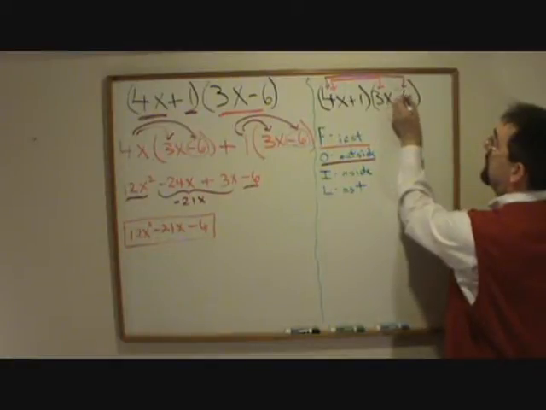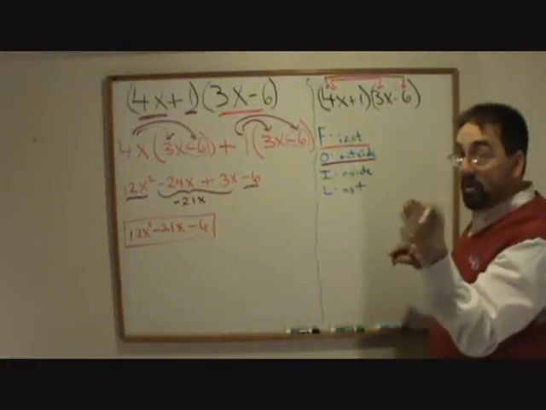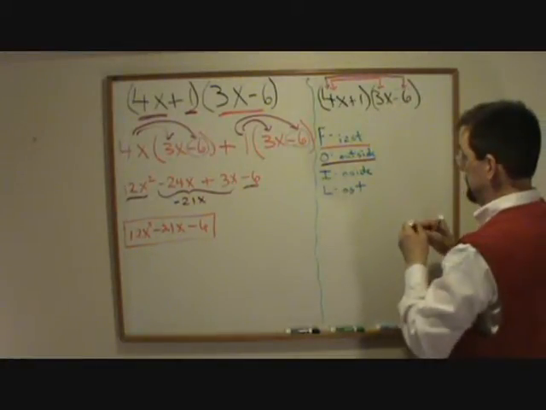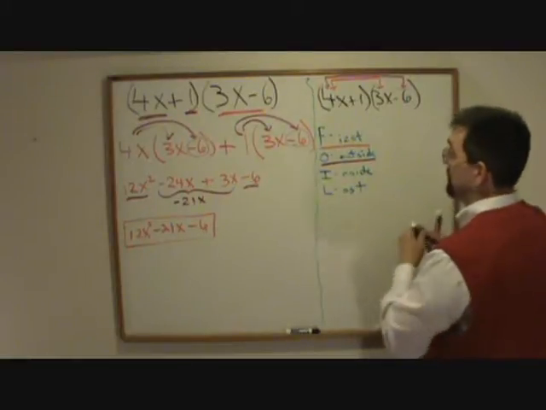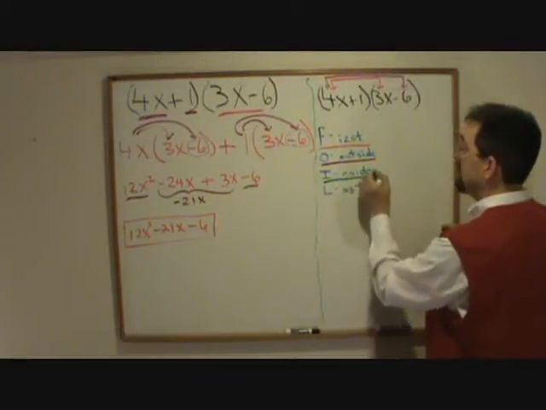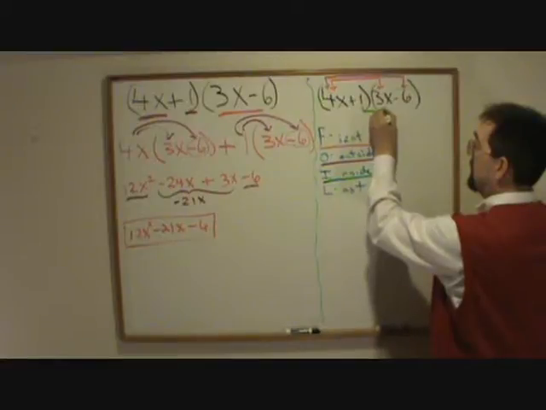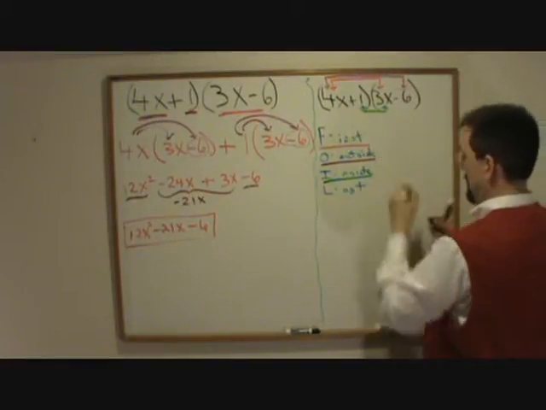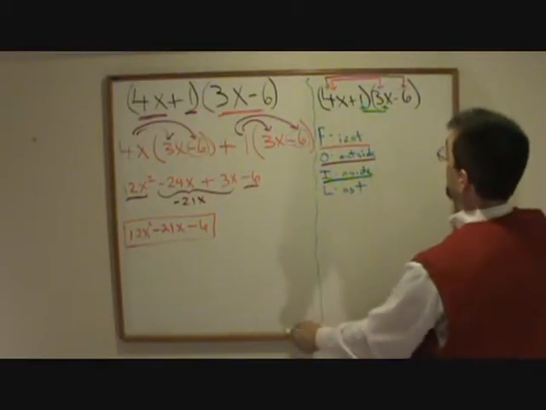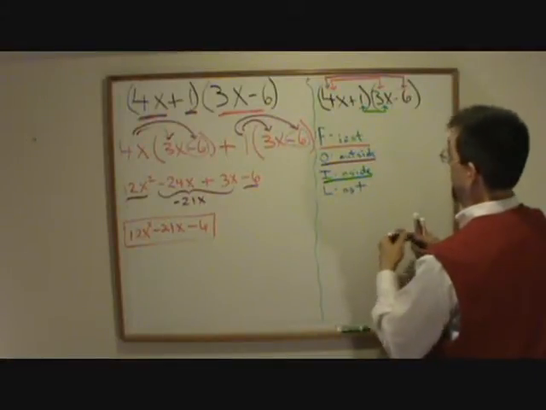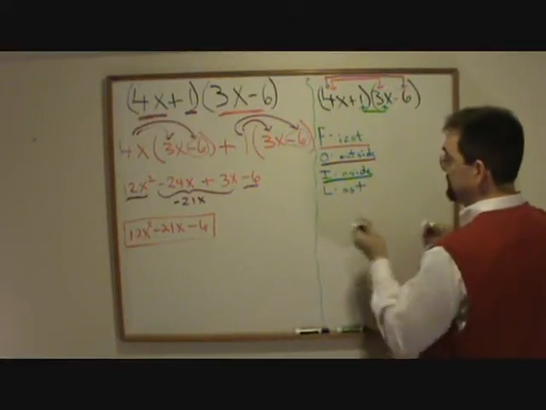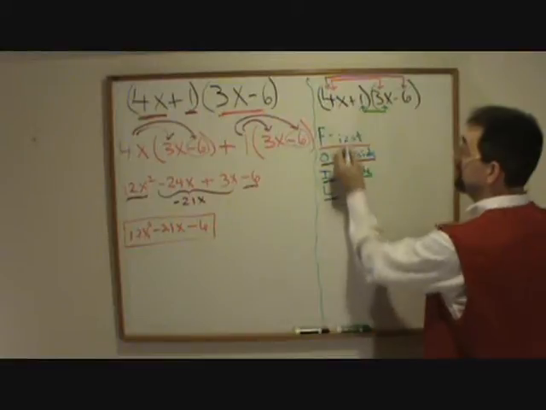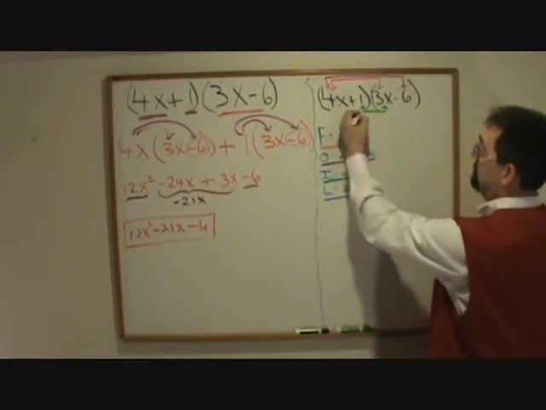And remember, it's the whole term. Don't lose your minus signs. In green, we're going to have inside. And in black, actually we should use blue, shouldn't we? Let's use blue. In blue, we have the last terms.